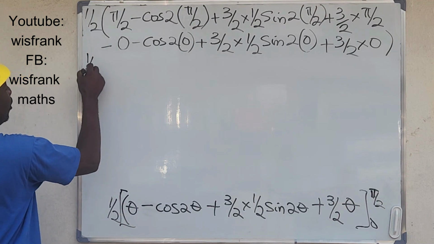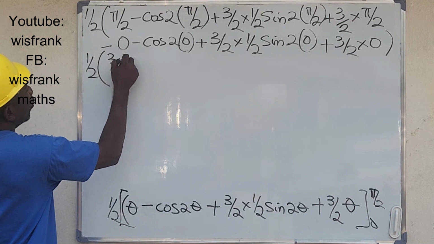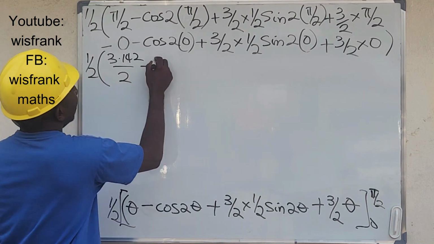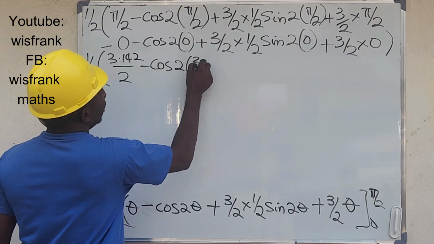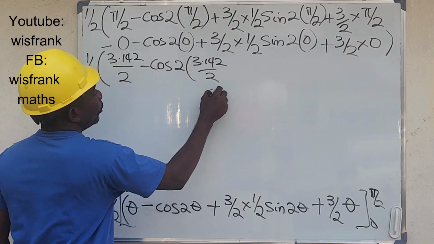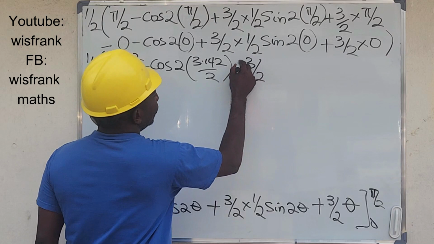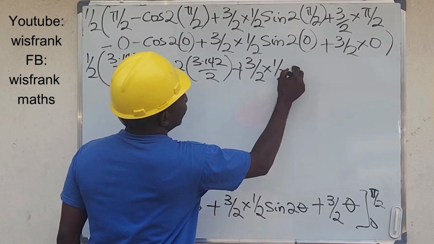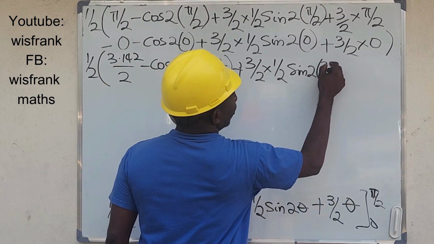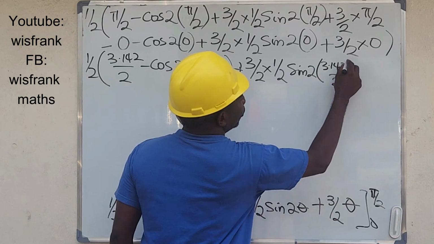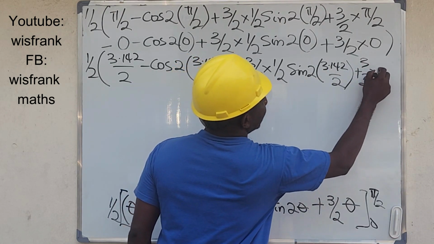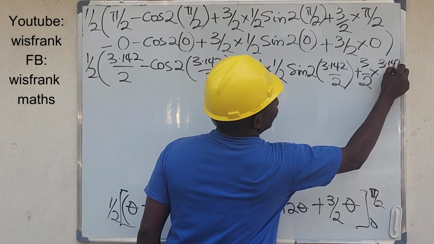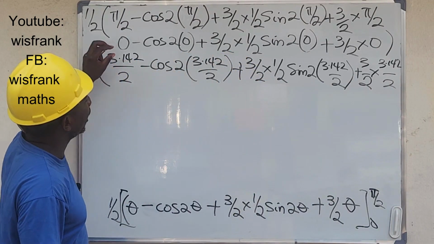So we have 1 all over 2 into 3.142 all over 2 minus cos 2 into 3.142 all over 2 plus 3 all over 2 times 1 all over 2 sine 2 into 3.142 all over 2 plus 3 all over 2 times 3.142 all over 2. So that is for the first line.